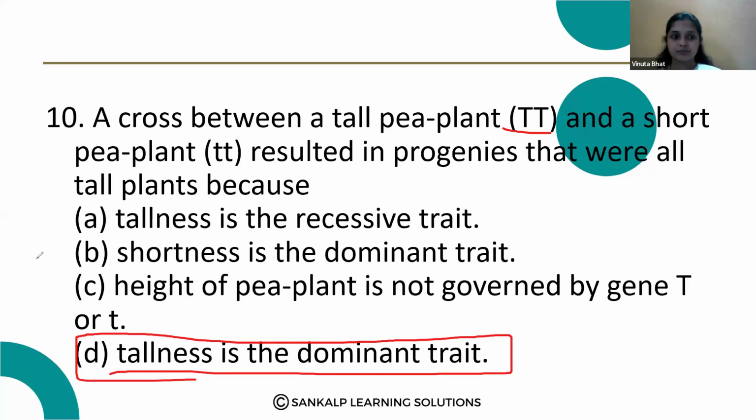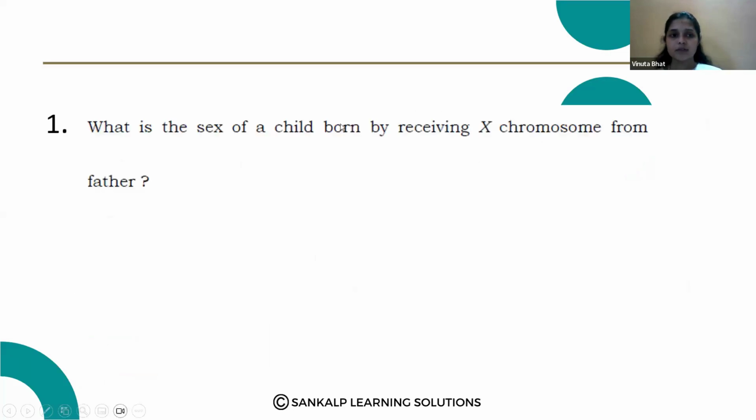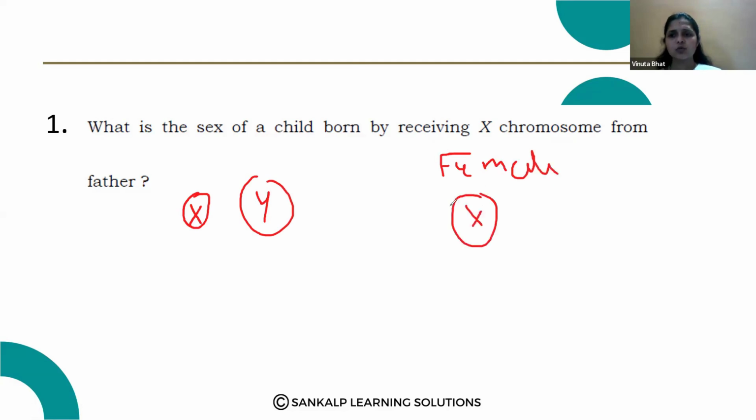Next question. So let us discuss 1 mark questions. What is the sex of the child born by receiving X chromosome from the father? From the father, the male gametes contain X chromosome or Y chromosome. But in females, the egg always contains X chromosome, there is no Y chromosome.